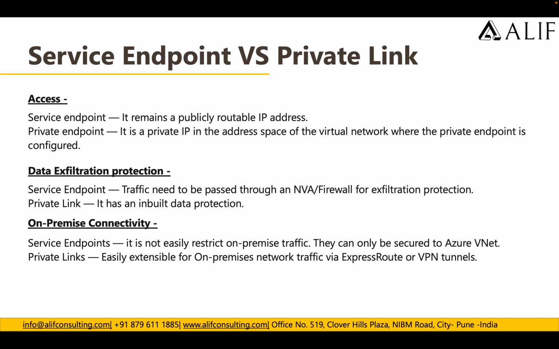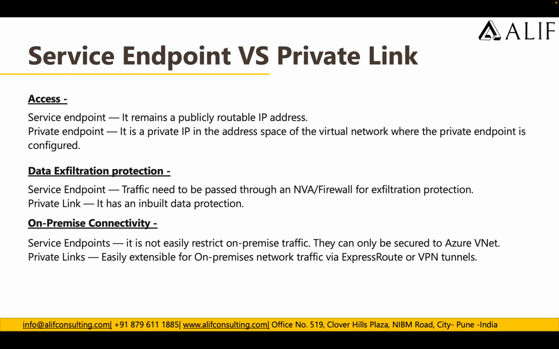Here are a few differences between service endpoints and private link. Access with the service endpoint is going to be through public routable IP addresses. With private link, you get a private IP, so the data traveling between the resources goes over the virtual network.